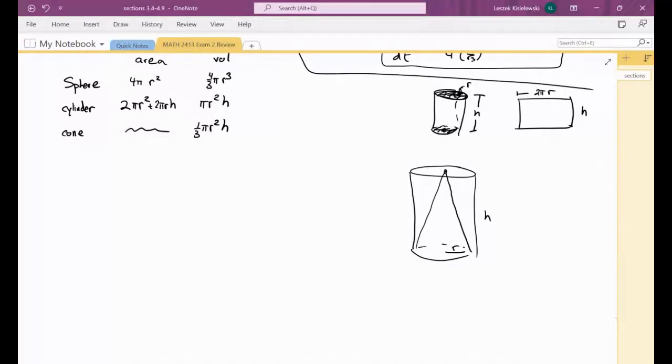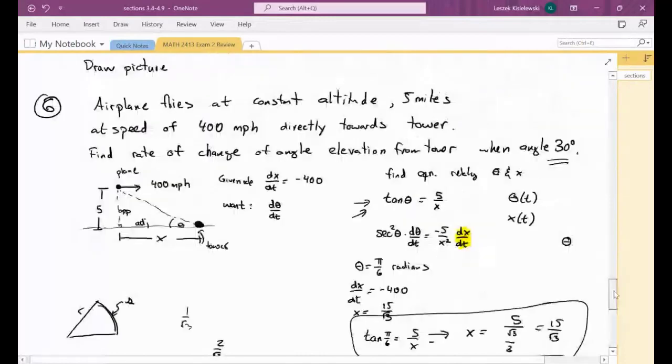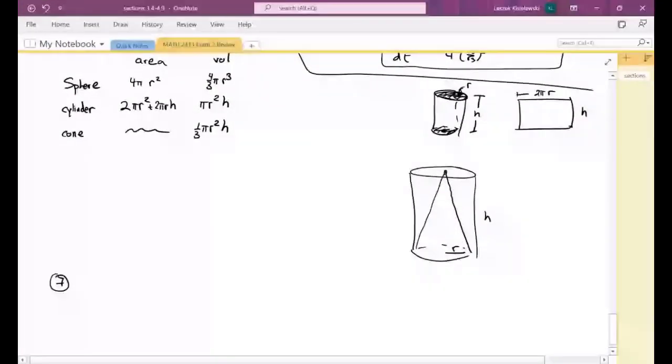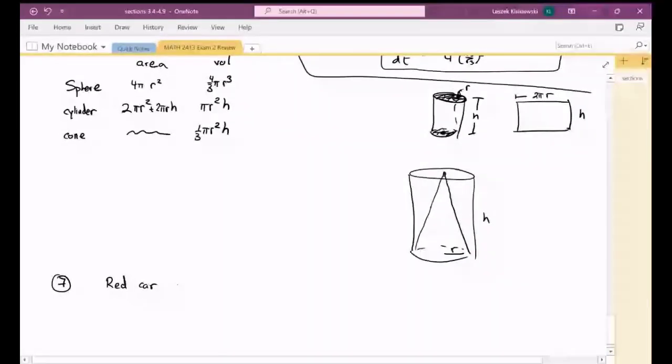All right, let's see, let's do another example. 7. All right, so we have, I guess the red car is 15 miles north of the blue car.